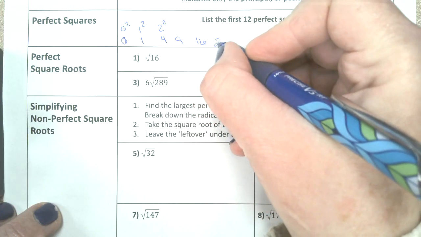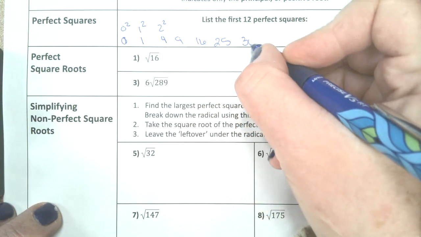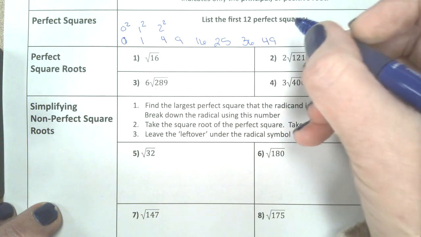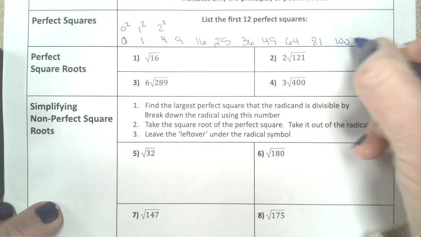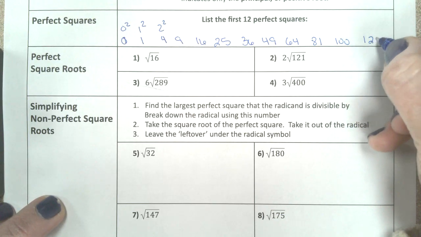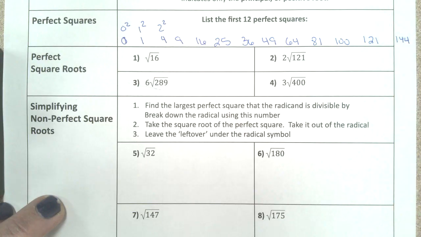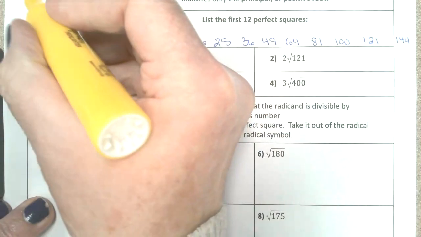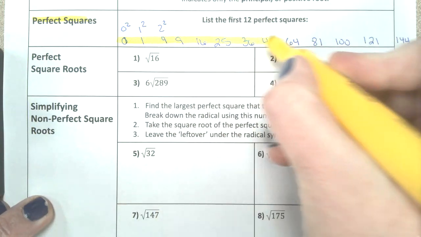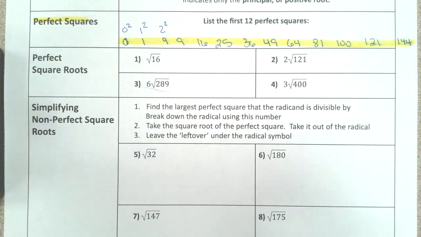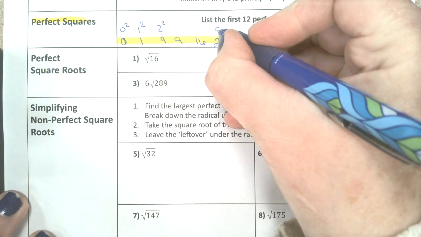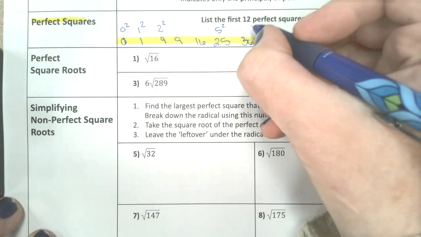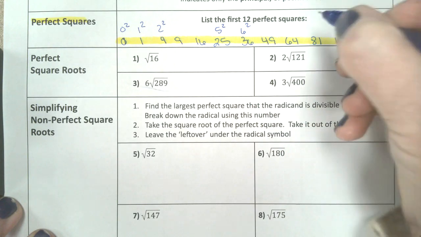And then I would have 16, 25, 36, 49, 64, 81, 100, 121, and 144. All of these are the first 12 perfect squares. You know that it's a perfect square because it's the answer to some number squared.